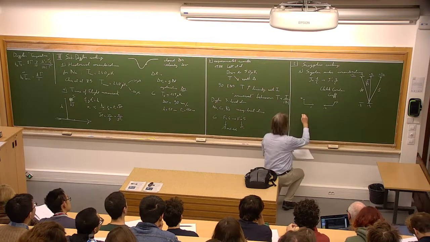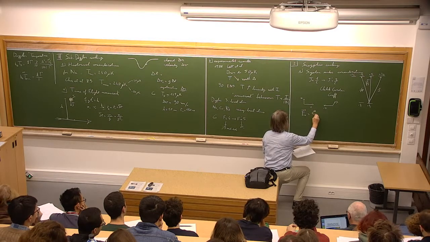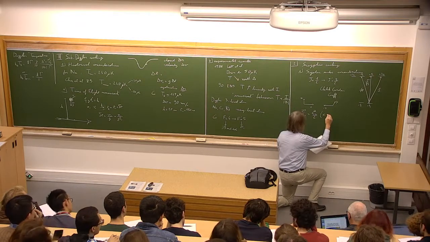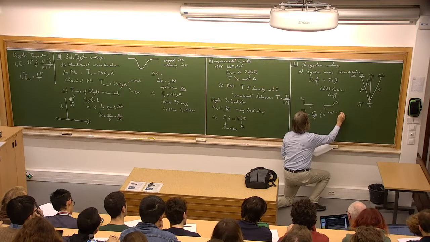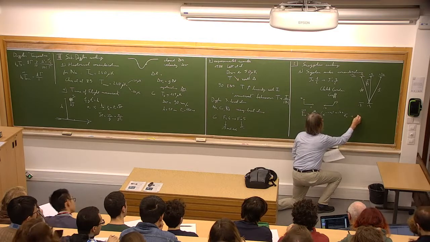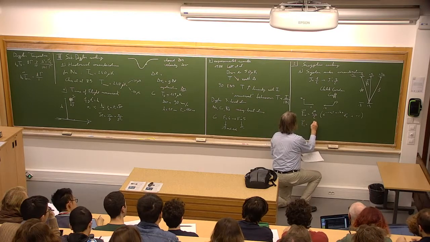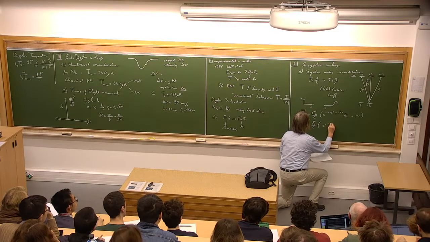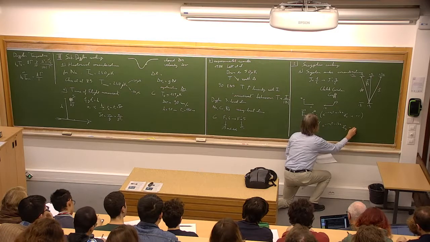So it means that you will write E1 as the amplitude E_L divided by 2, times exponential minus i omega_L t plus i k z, along the unit vector x, plus c.c. And the second will be the same E_L divided by 2, with the same frequency but the other polarization, plus c.c.